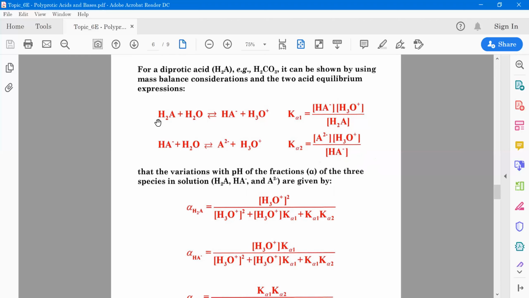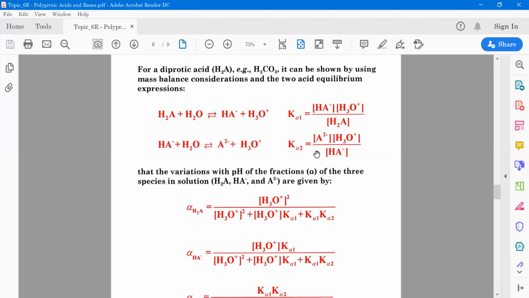There is the carbonic acid plus water going to hydrogen carbonate, HA minus, plus a hydronium ion. The Ka1 for that step, of course, is the hydrogen carbonate concentration times hydronium over the carbonic acid concentration. The second step is hydrogen carbonate ionizing with water to produce a carbonate ion and another hydronium.